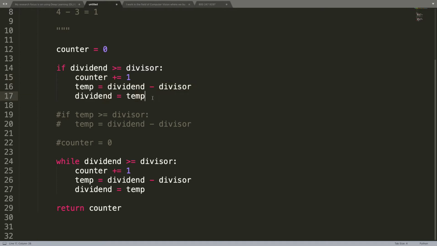Which one is easier? Okay, I think it's easier to do this one.